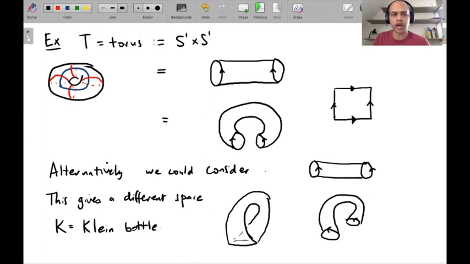So I'm cutting the annulus along this edge. So that is now becoming this edge, and I get a disk with some side identification. So labeling the edges in this way is just meant to tell you how to glue.